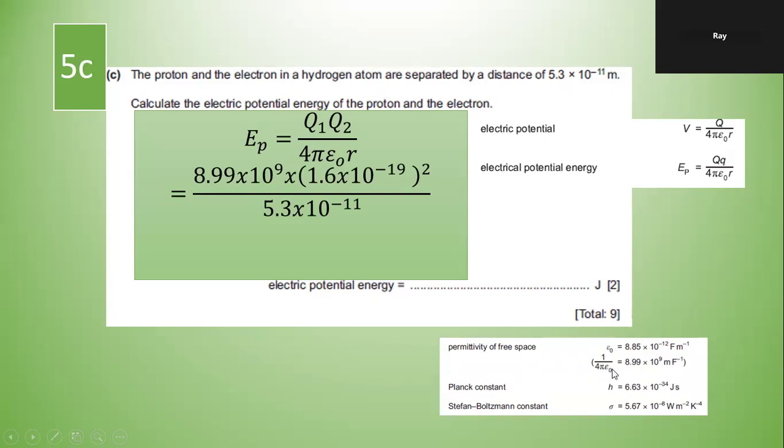I use this one, but you can use the other one if you want to. It's just a little bit more calculation. Q1 and Q2 are the proton and electron, which have the same charge magnitude, squared, over the separation, the distance.